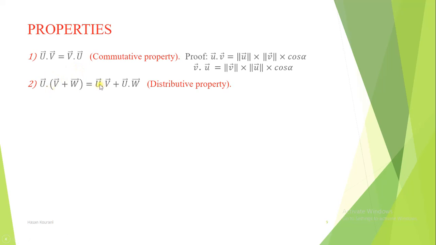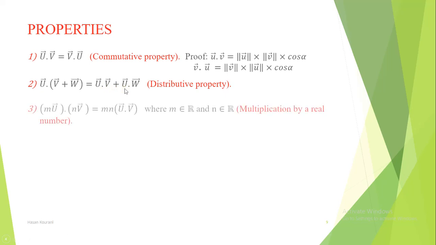We don't put ordinary multiplication of numbers, since it has another meaning with vectors. So we are distributing, as you see, its name is distributive property. We are distributing the dot over the addition, and we can also use this property for subtraction. If we have minus, u dot (v minus w) will be u dot v minus u dot w.